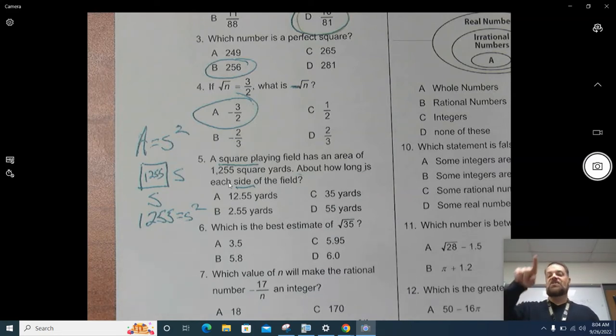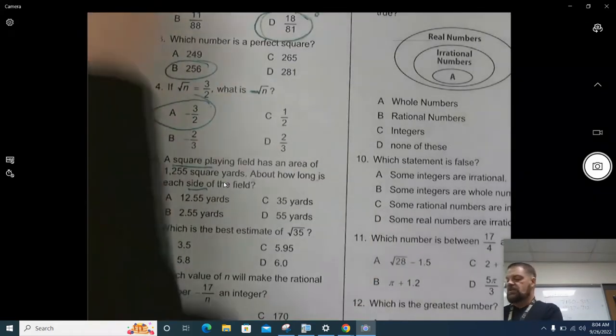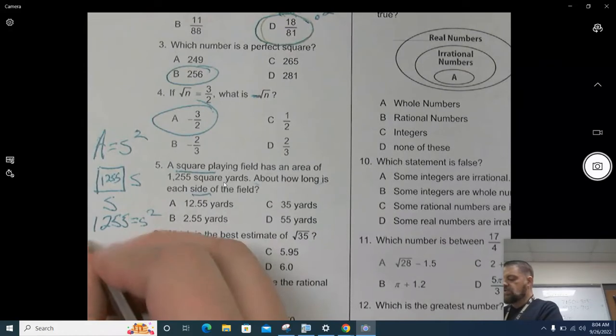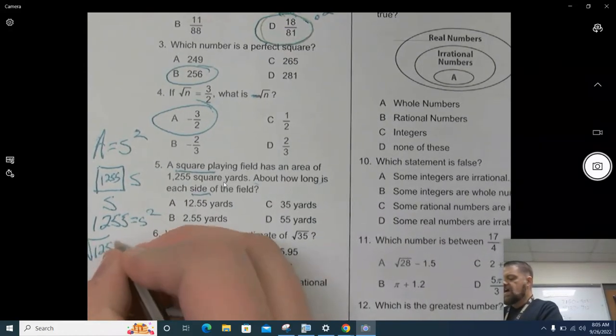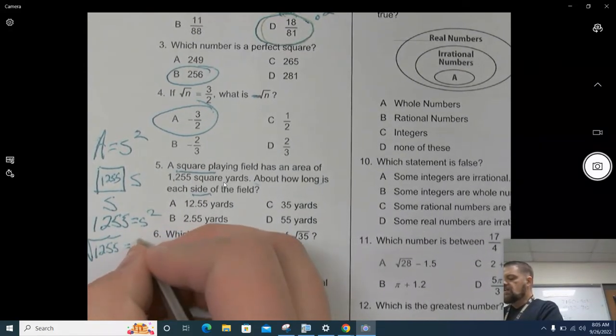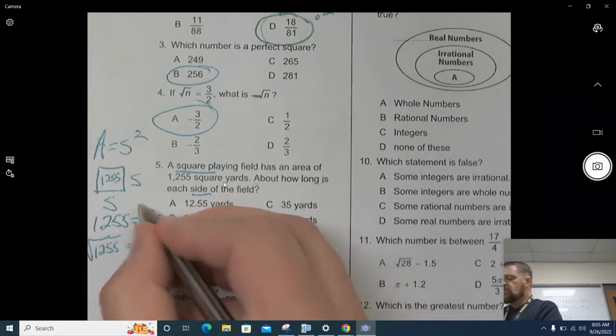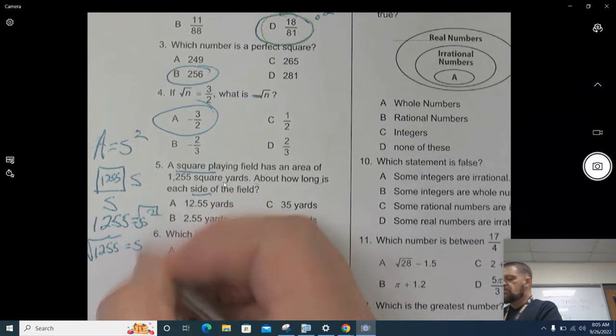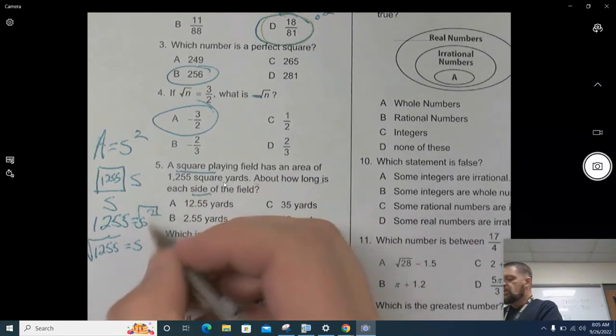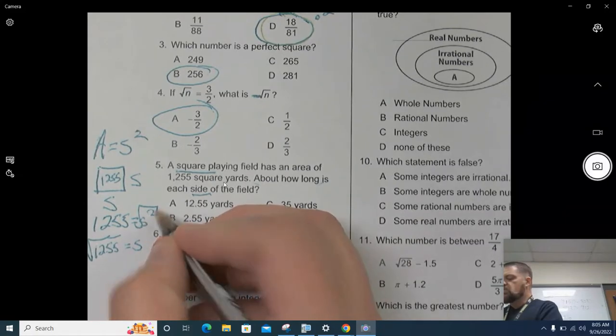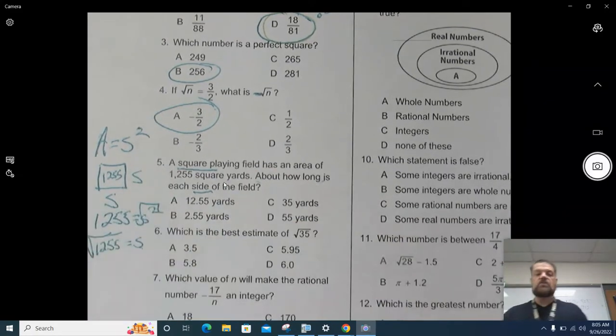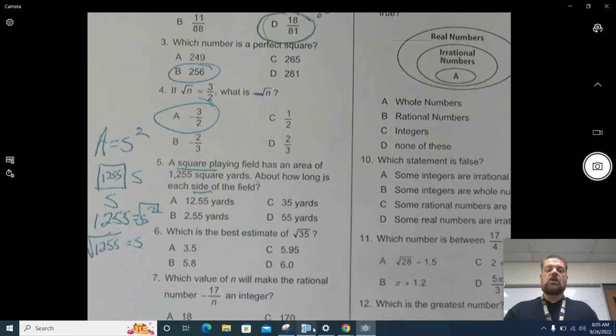Yeah, she made the symbol. She said, yeah, square root. So we're going to take the square root of both sides. When you take the square root of both sides, you'll get the answer. So the square root of 1255 is, and then the square root of this undoes, right? They're inverse operations. So the square root of s squared is just s. And then we have to figure out the square root of 1255. So let's do it.